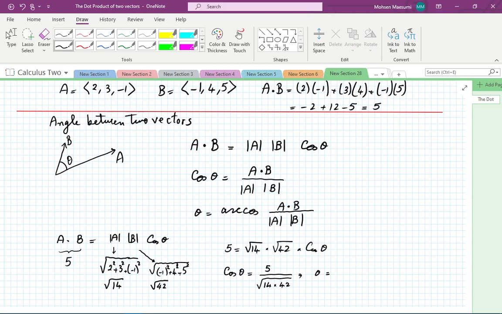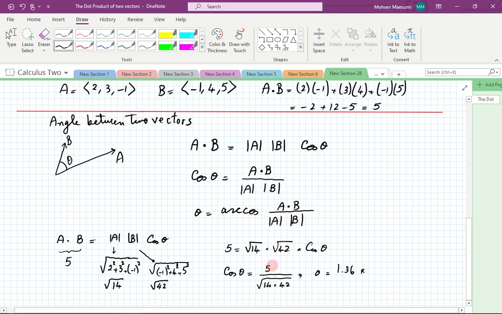So in this case, 5 divided by the square root of 14 times 42, and I get something like 1.36. This would be radians.